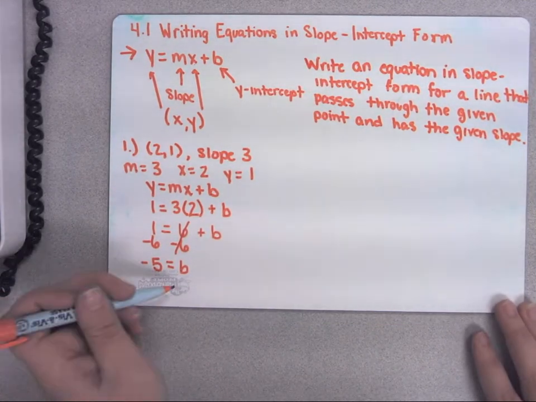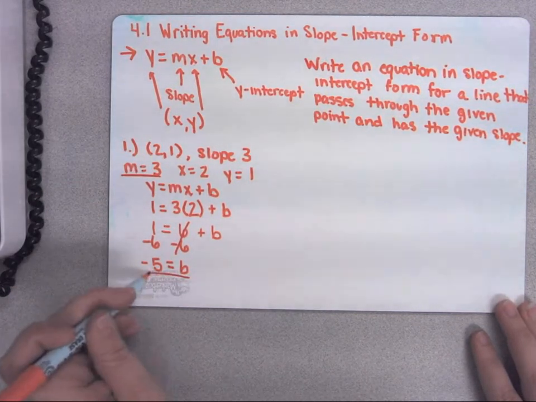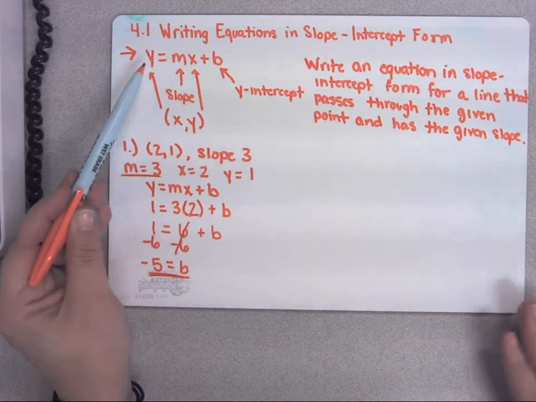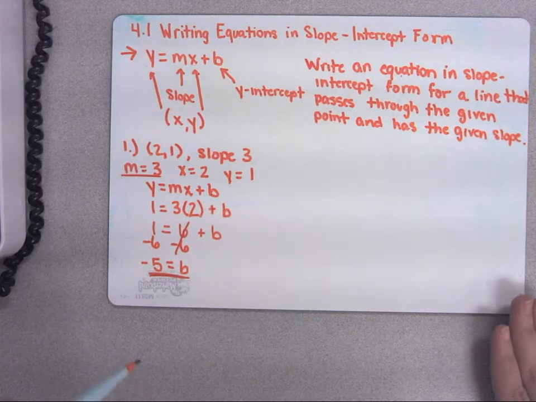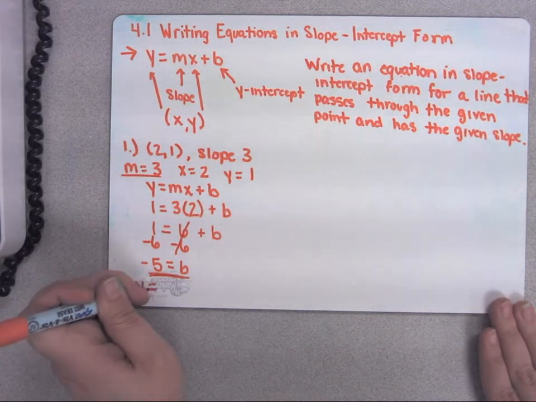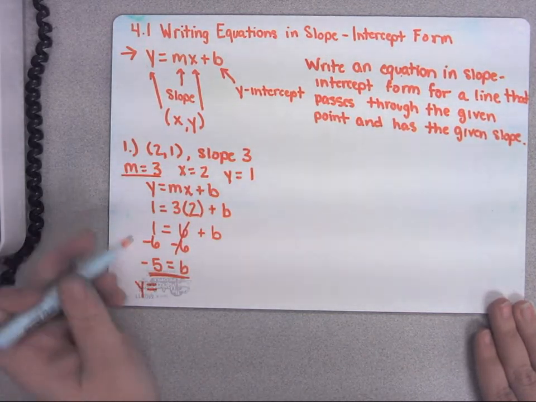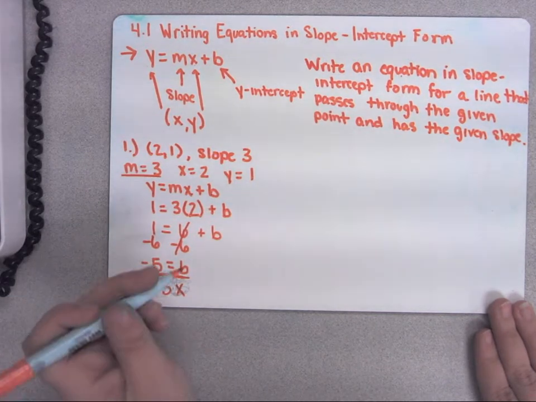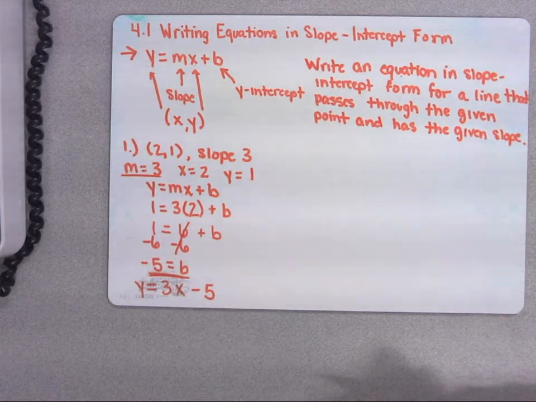Once you know what b is, you're going to take m and b and write them in the original equation, because it says write a final equation in slope-intercept form. So our final answer is going to be y equals 3x, because 3 represents m, and then minus 5, because b is -5.